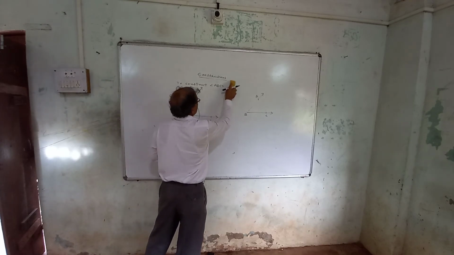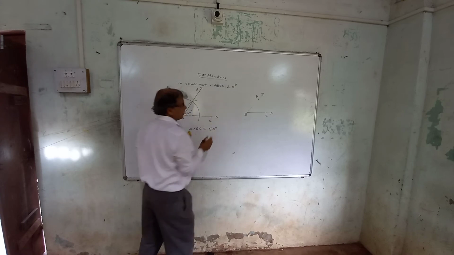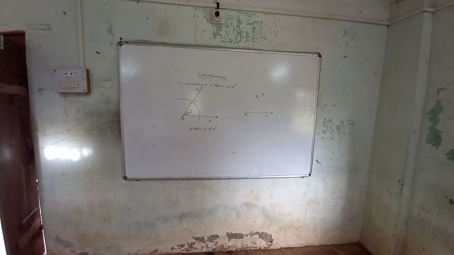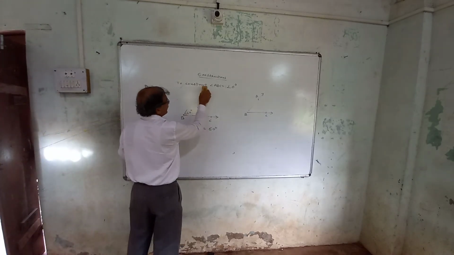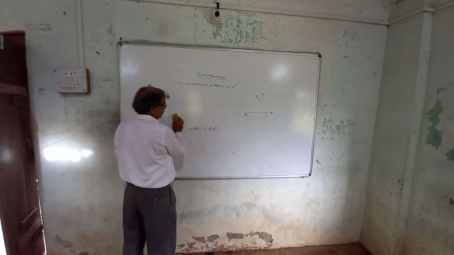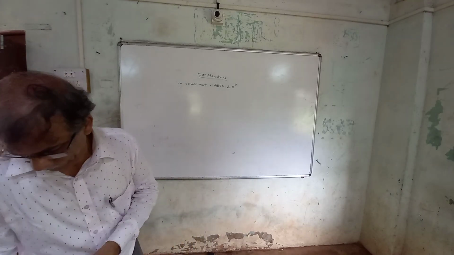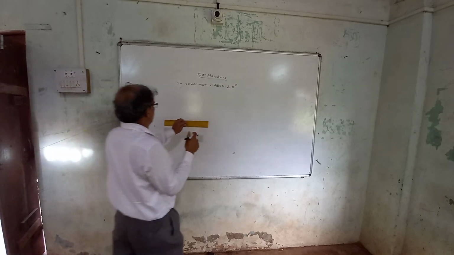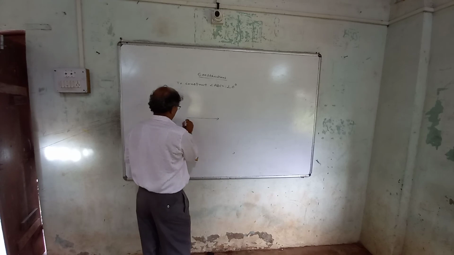Now construct angle ABC equal to say 120 degrees. ABC is equal to how much? 120 degrees. Now to construct angle ABC of 120 degrees, again you draw a ray. Suppose this is it.